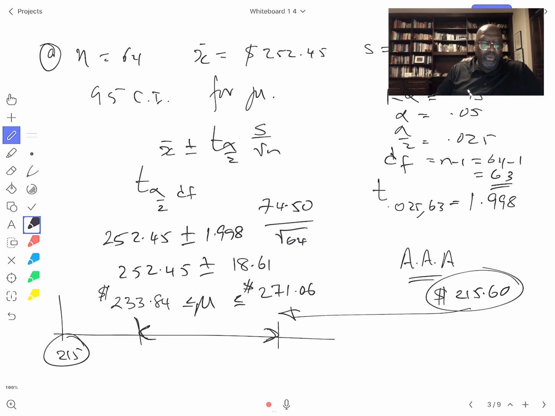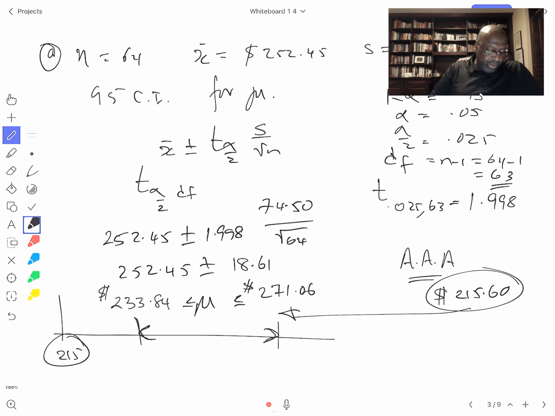And so therefore, it doesn't really gel with what they suggested. So it would seem that there's been an increase in the average amount of money spent by a family of four at Niagara Falls.